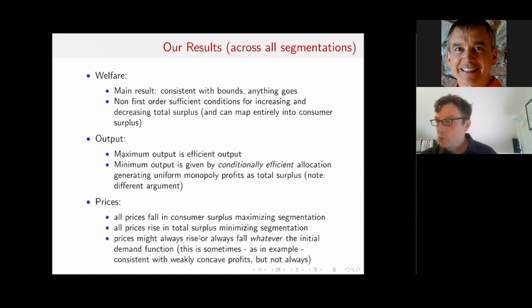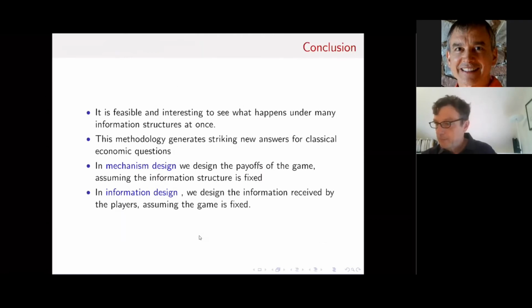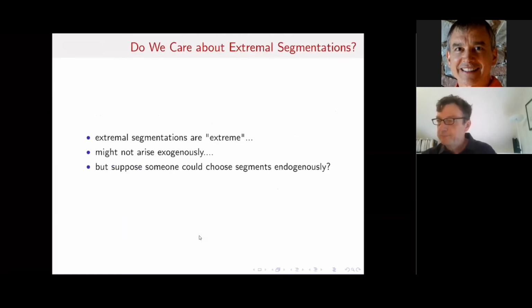And I want to just provide for a minute additional motivation of why the design of the segmentation, the provision of the information structures, might be particularly interesting and suggestive of what happens in real markets.